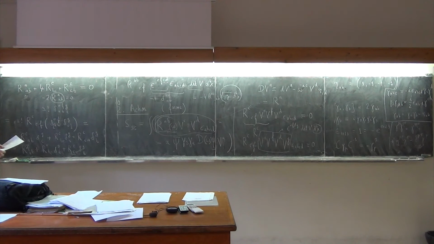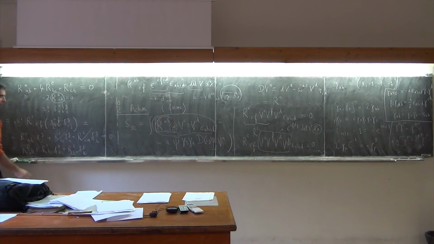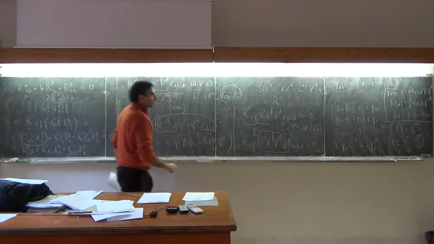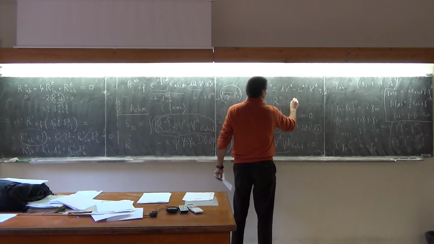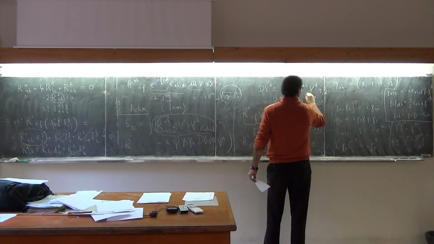But now, if R A B has to be 0, it means that this is 0 and this is 0. The whole thing has to be 0. But then also this has to be 0. And you recognize RCAB has to be 0. And we proved what we wanted to prove, that the torsion equation, this equal to 0, implies RABC equal to 0.